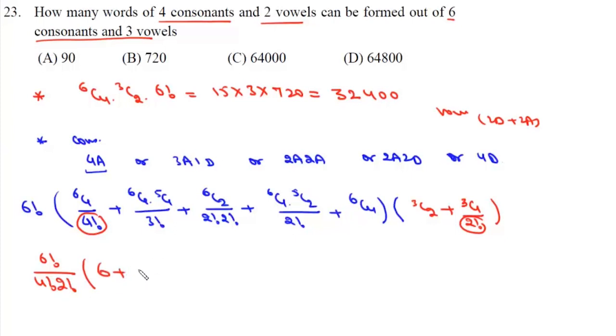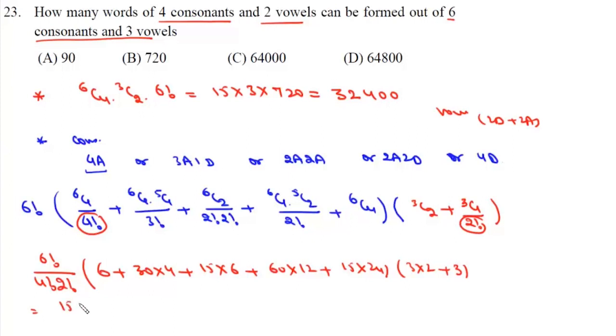Now this is 30 into 4, plus 15 into 6, plus 60 into 12, plus 50 into 24, and here it will be 3 into 2 plus 3.